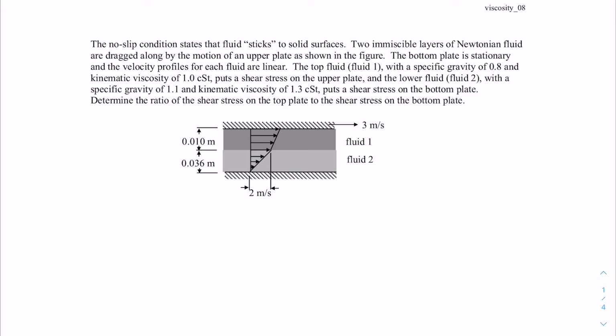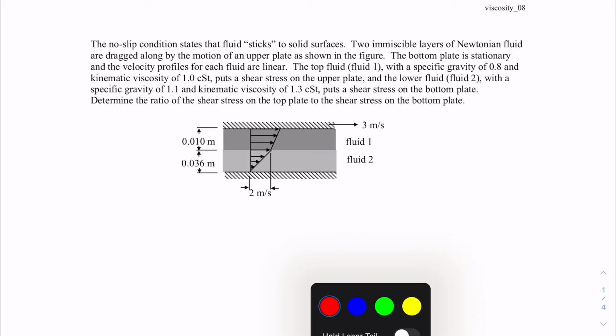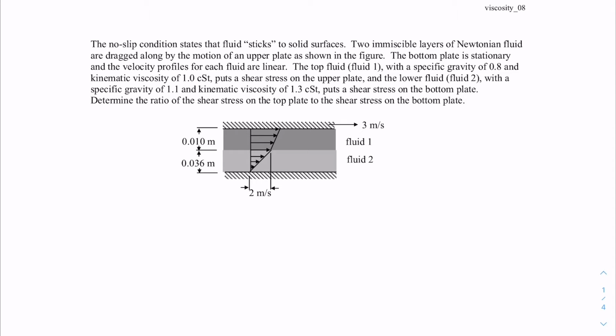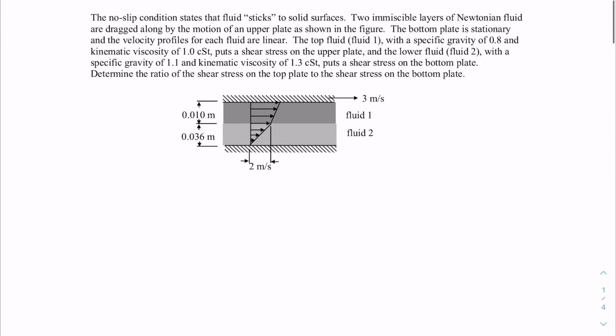So in this problem we are asked to determine the ratio of the shear stress on the top plate to the shear stress on the bottom plate. And now let's go ahead with finding out what that ratio is.